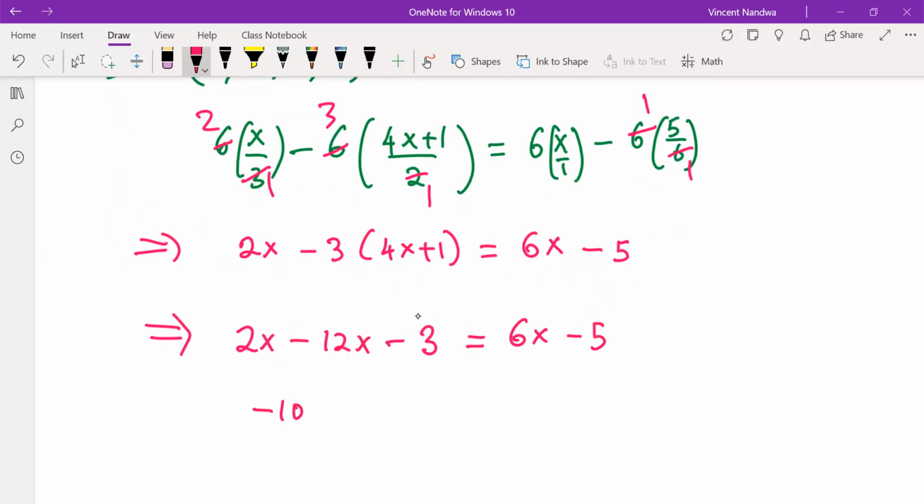So this will give us minus 10x minus 3 equals 6x minus 5.